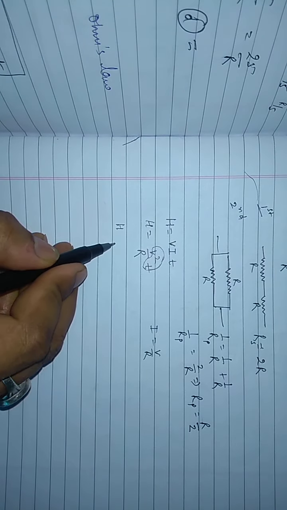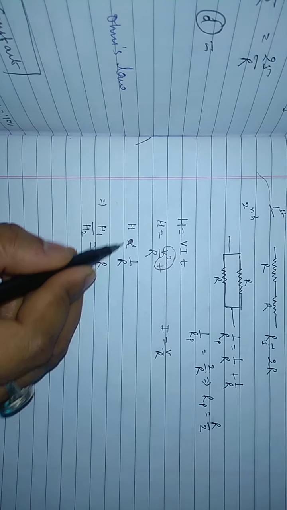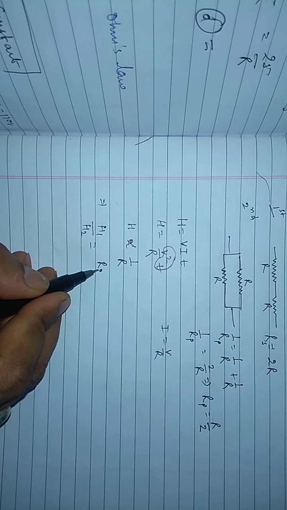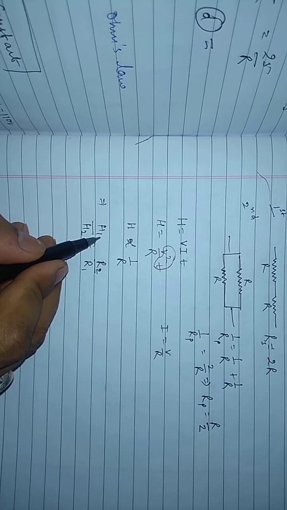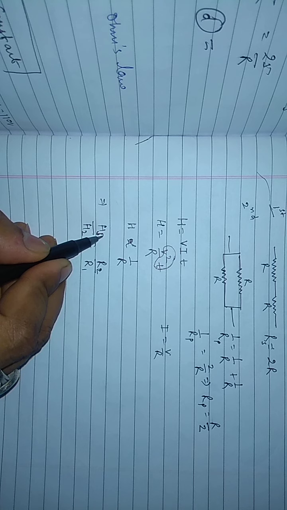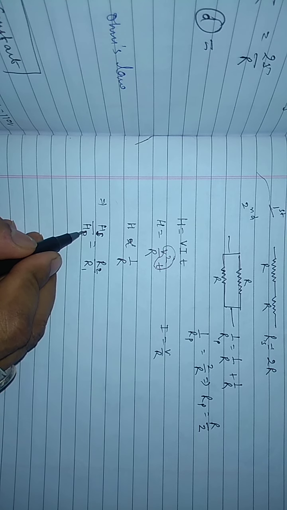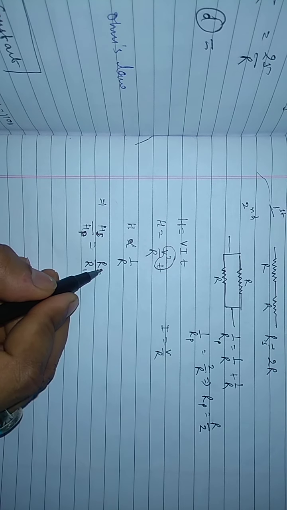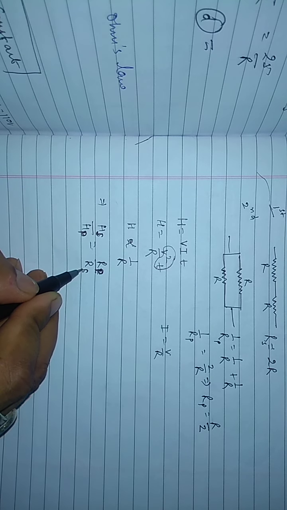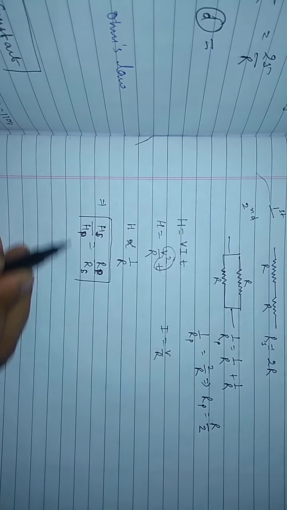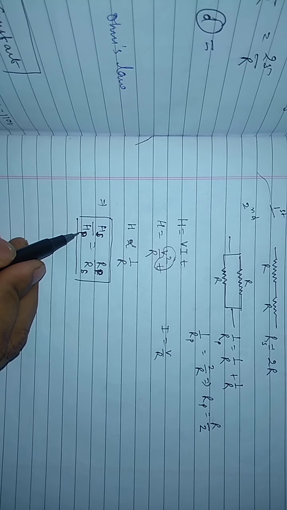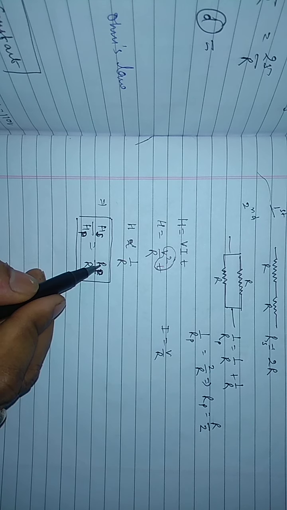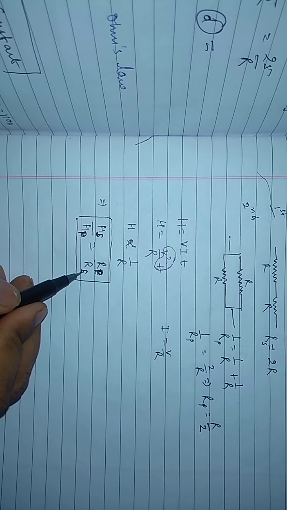From here we can derive the formula: H1 upon H2 equals R2 over R1, since it is inversely proportional. Let H1 be the series combination and H2 the parallel combination. So the formula we can apply is heat in series upon heat in parallel equals resistance in parallel upon resistance in series.